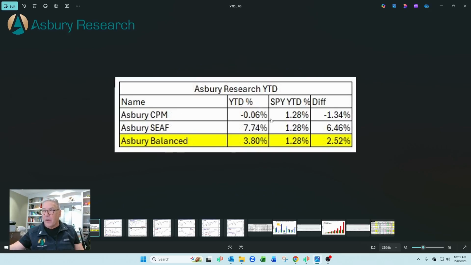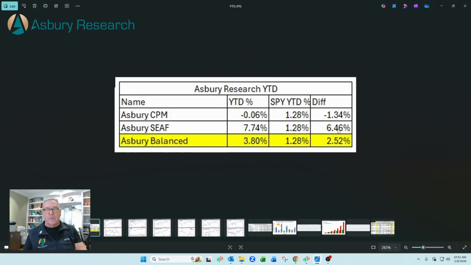I mentioned that earlier versus 1.28% for SPY, trailing year to date by 1.34. CEF, the S&P is 1.28% year to date. CEF is up 7.74% year to date, outperforming by 6.46. And again, it's early. We're 5 weeks into the new year.